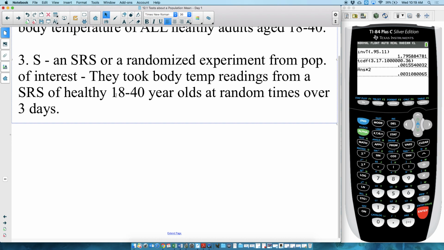I think the first SRS is unnecessary, but the second, random times, is necessary. Does that make sense? Because it's the 700 that has to be random. And they only had, I don't remember how many people, let me go back.